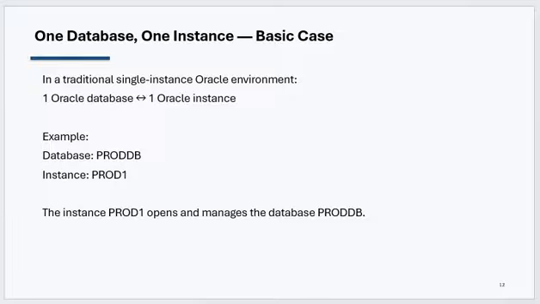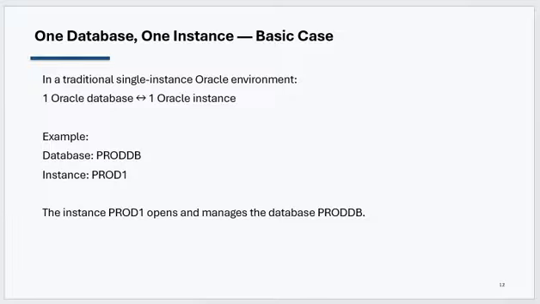The prod1 instance, like we studied in earlier slides, is loaded in the memory of the physical server. And ProdDB refers to the physical files, data files, control files, and online redo log files stored on the disk. The application connects to the prod1 instance.